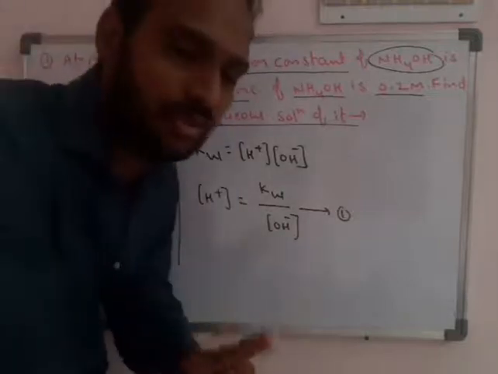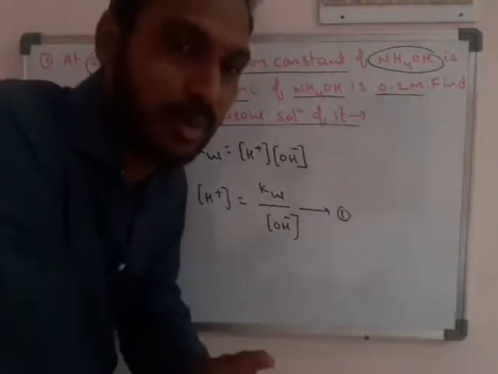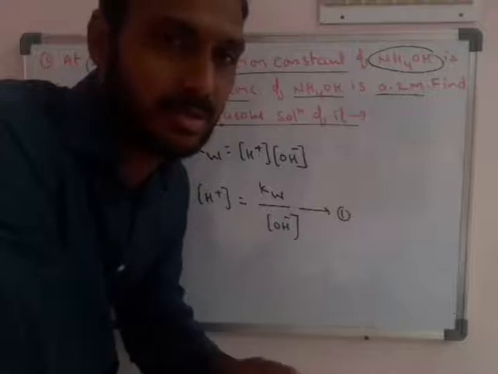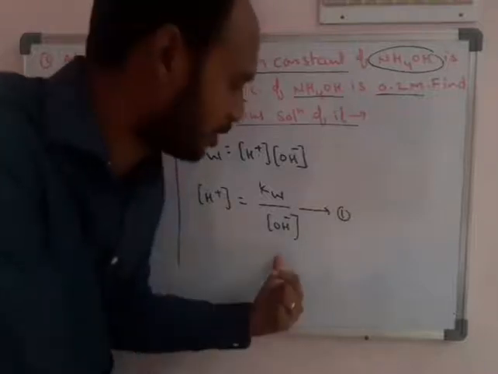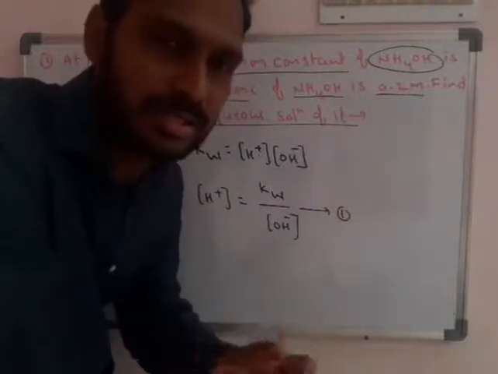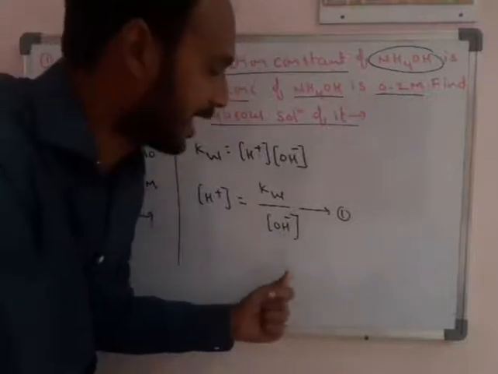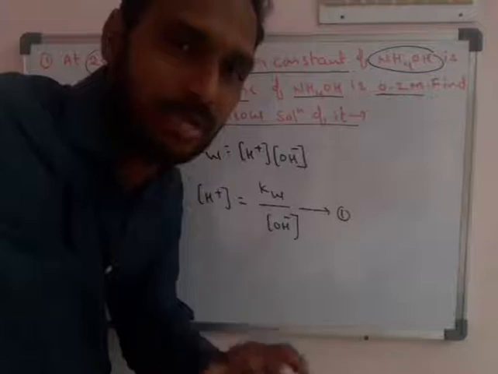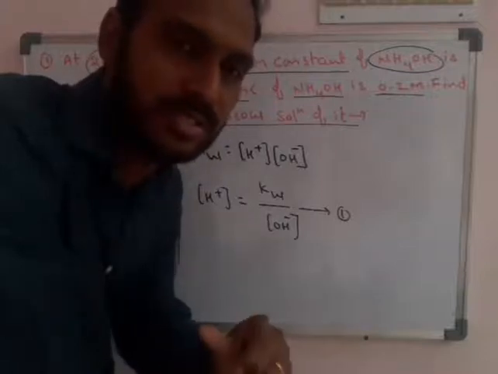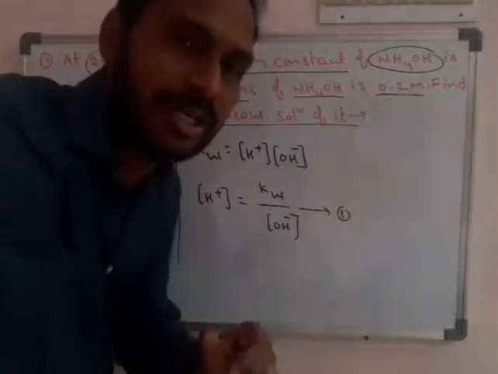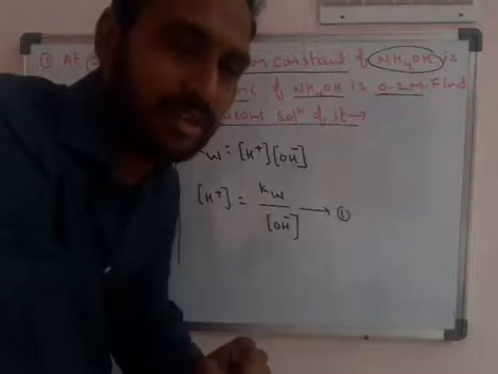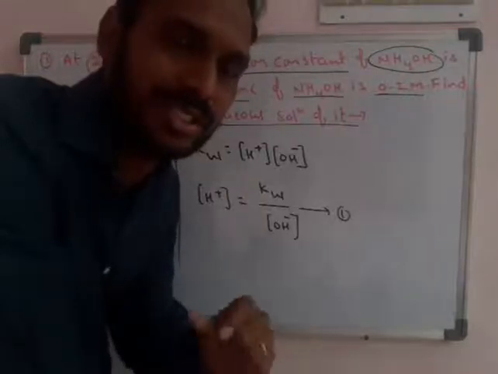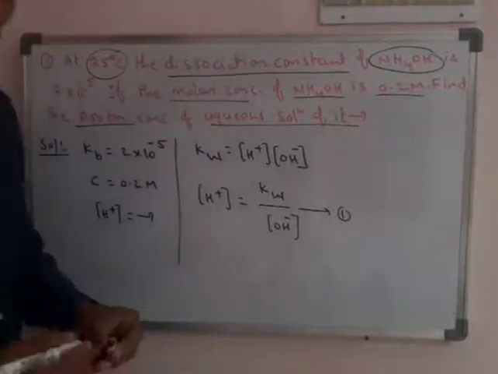If in the place of ammonium hydroxide we were given sodium hydroxide, we would directly take the sodium hydroxide concentration as OH minus. But it is a weak base, so for weak bases the OH minus concentration is not equal to the base concentration directly. Weak bases have a lower degree of dissociation, so we have a separate formula for them.